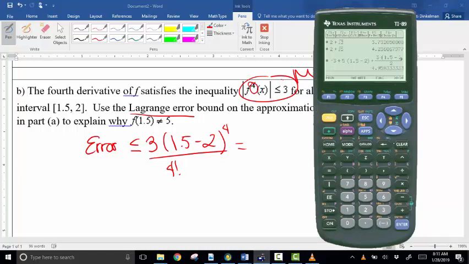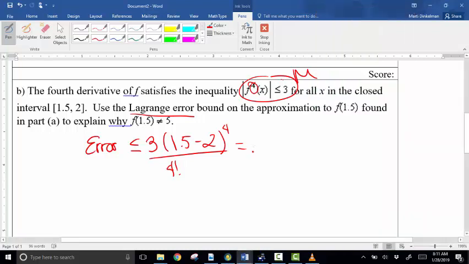So 3 times 1.5 minus 2 to the 4th divided by 4 factorial, so diamond divide. Okay, so 0.008, I'm just going to go with 0.008 here. And then why this thing can't be equal to 5.